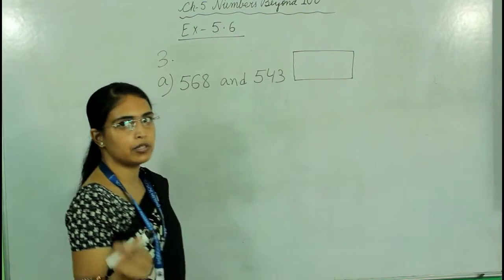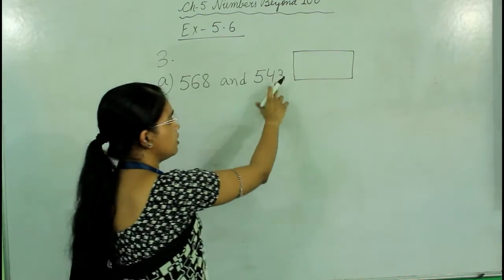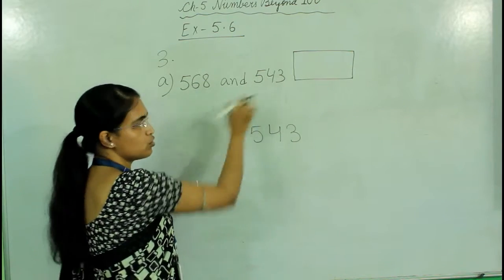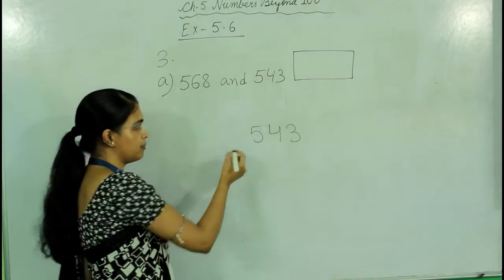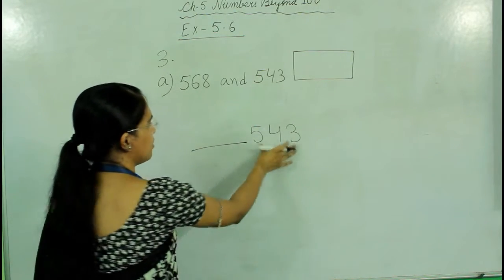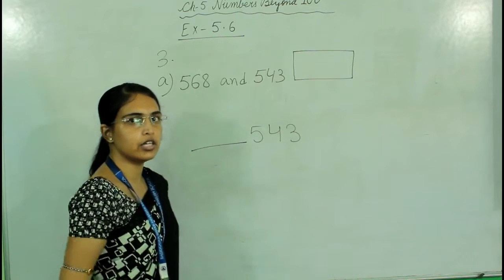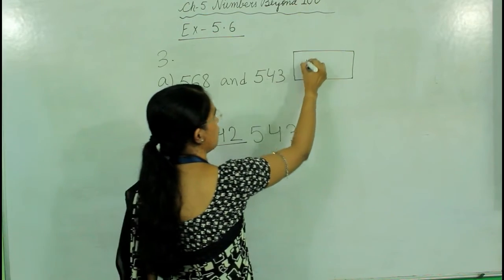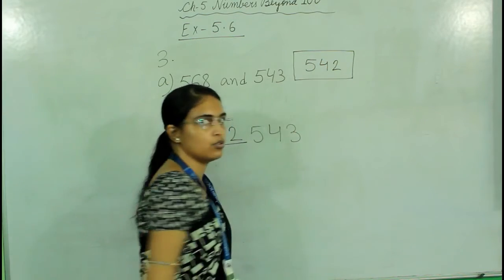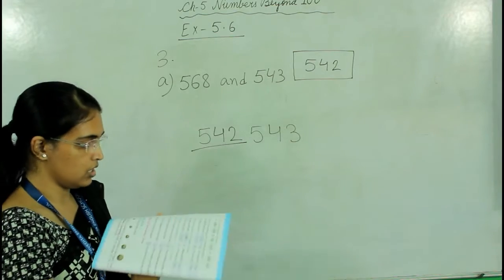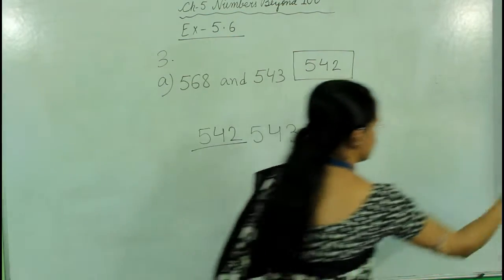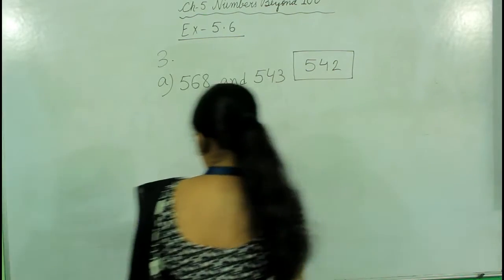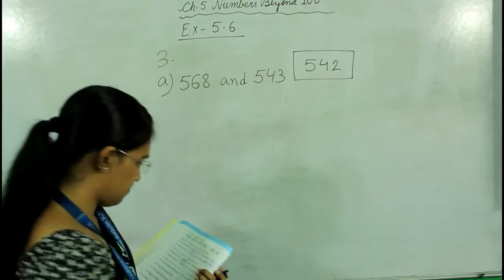So we have to write the predecessor of 543. So 500. That is question number D.